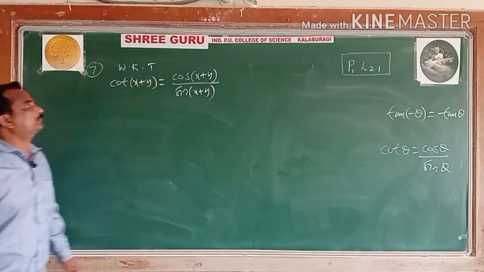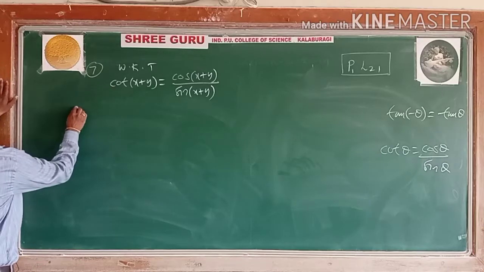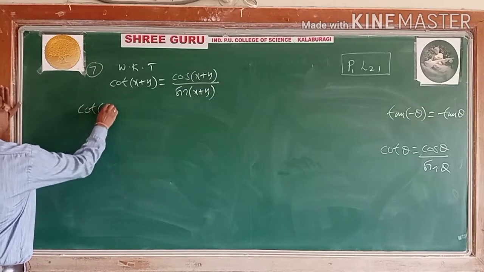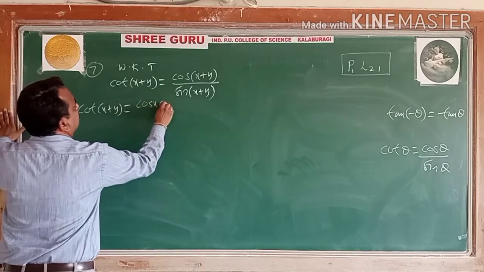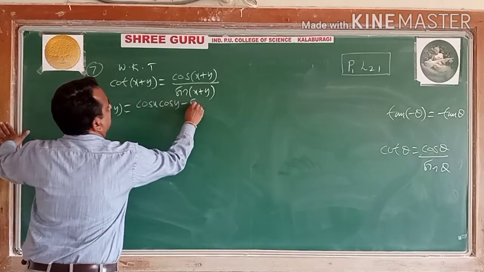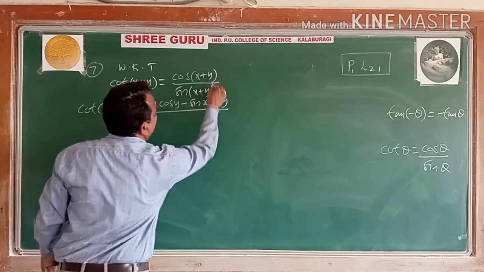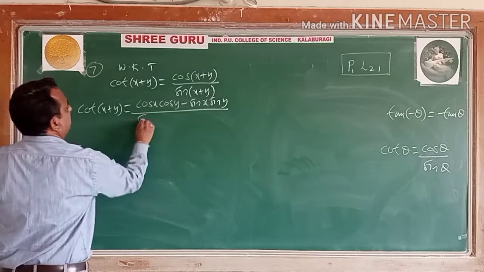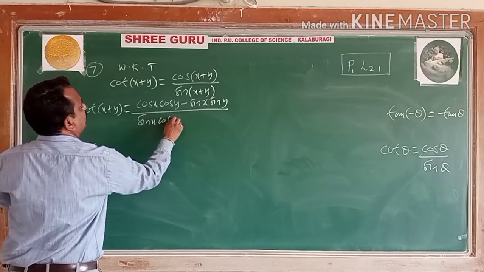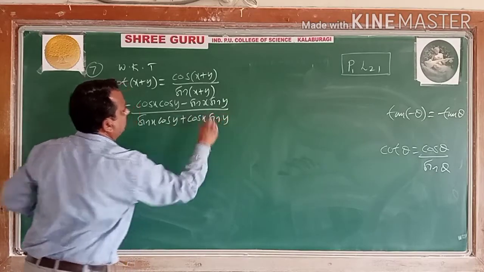So substituting the formula, cot x plus y is equal to, what is cos x plus y? Cos x cos y minus sin x sin y, divided by sin x cos y plus cos x sin y.